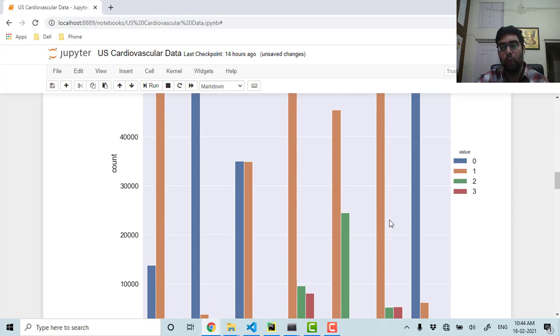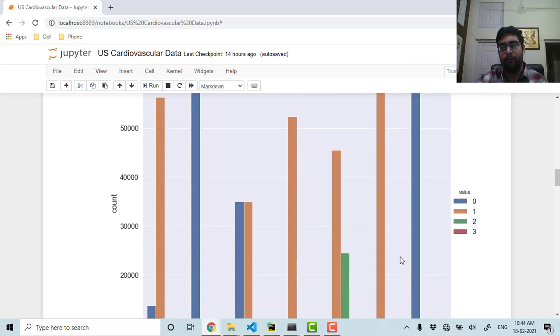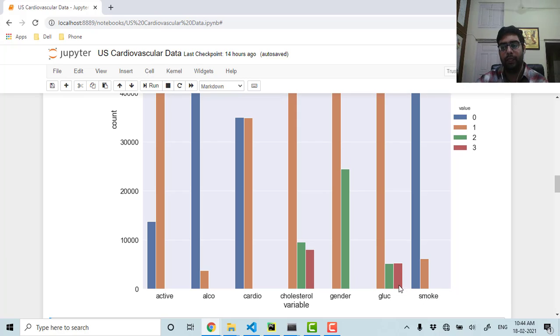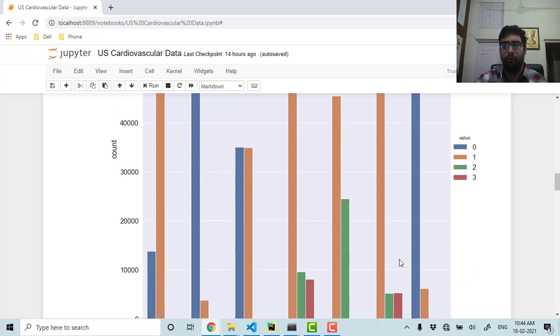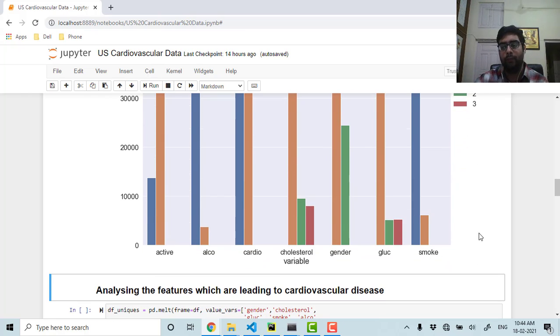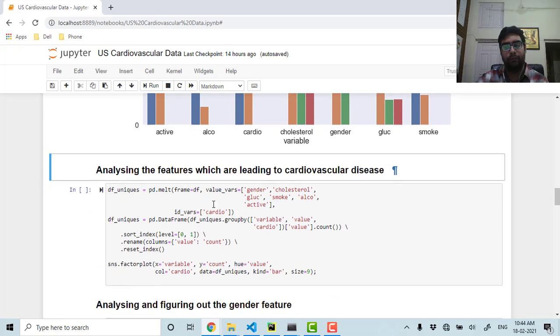Then we have glucose intake. Mostly we have category 1, and only a few are in categories 2 and 3. Most of them do not smoke, while very few of them smoke in our samples. Now let's analyze more into our data set.